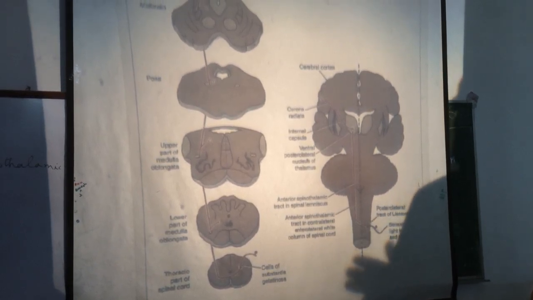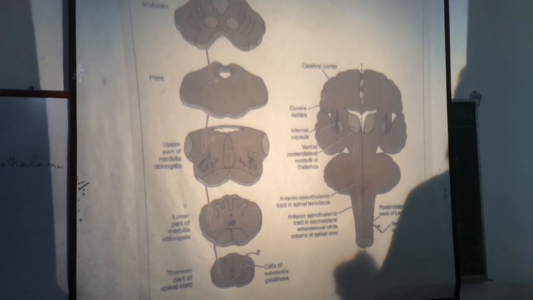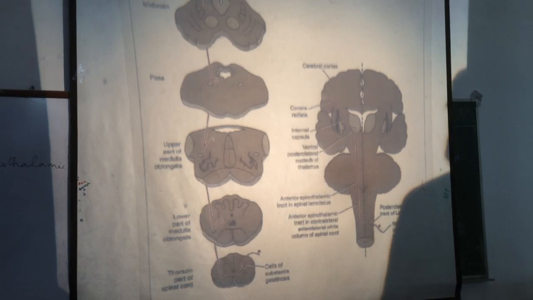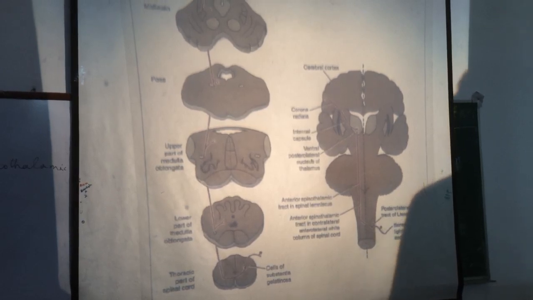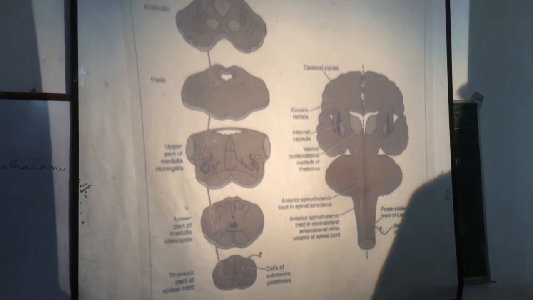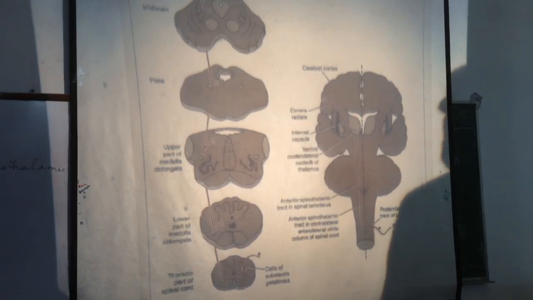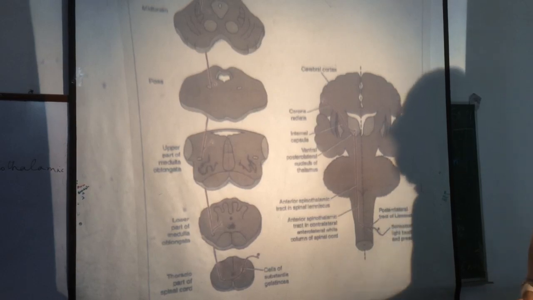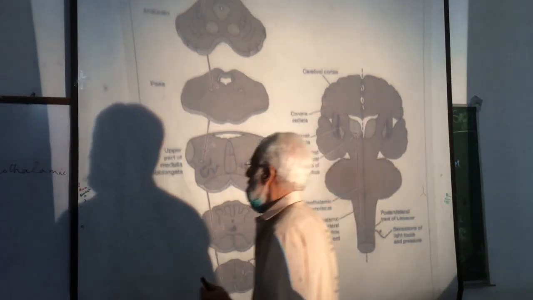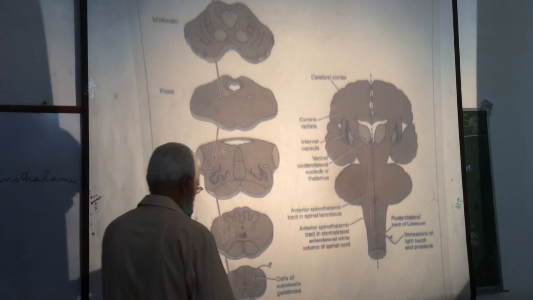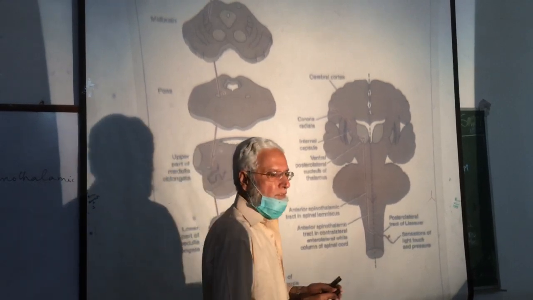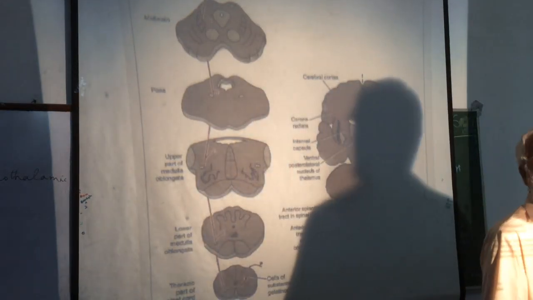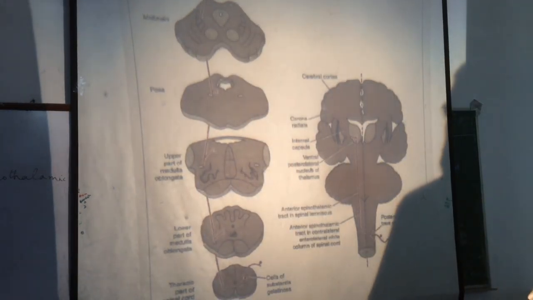Now at the synapse between C fibers and second order neurons in lamina 1, 2, 3, the neurotransmitter is substance P.